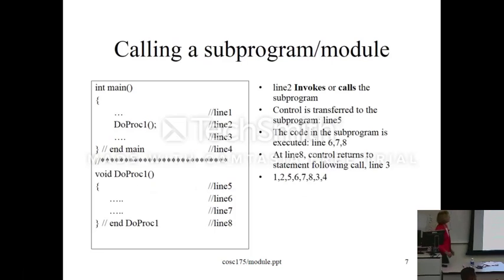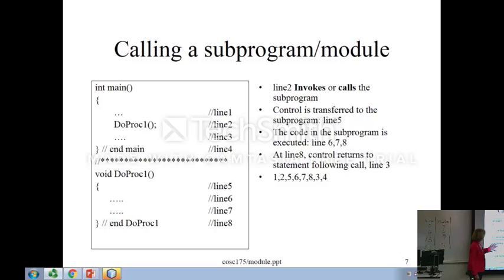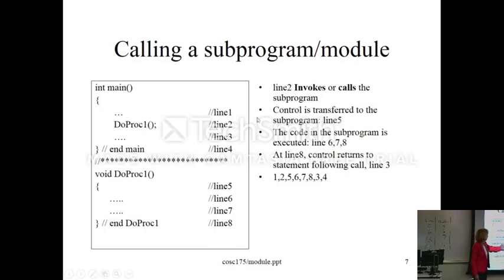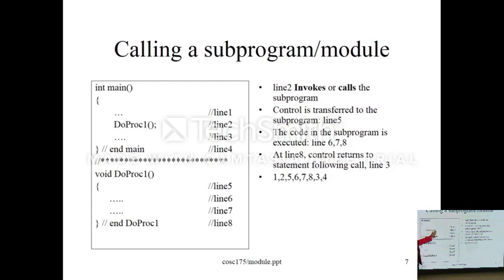So this is an example of a void function. The two things to remember when using a void function is that this function doesn't have to return anything. It may or may not have arguments, which we're going to look at today. When you call a void function, you simply give the name followed by a semicolon, and that jumps to the void function.